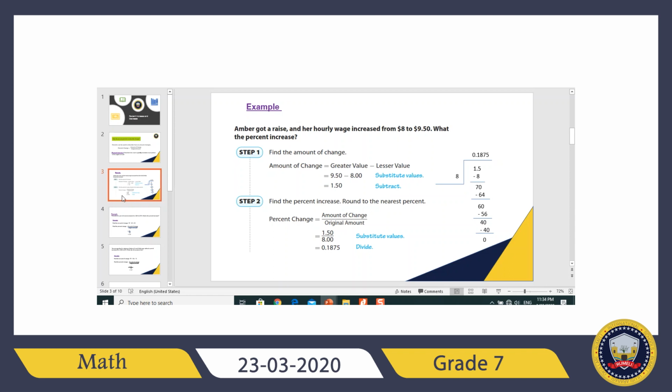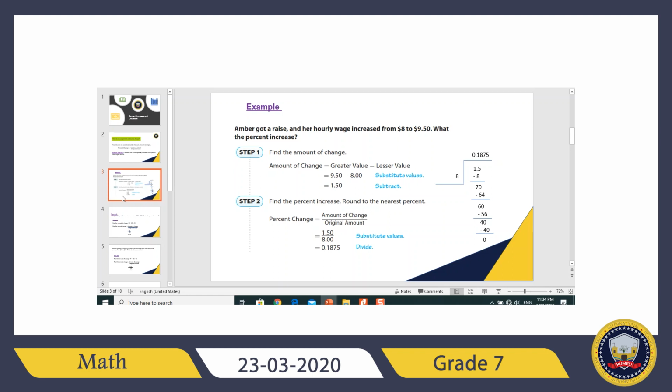The percentage of increase has a rule: the difference, or the amount of change which happened in her salary, over the original amount. Yani, what does this mean? Here her salary becomes 9.5, before it was 8.